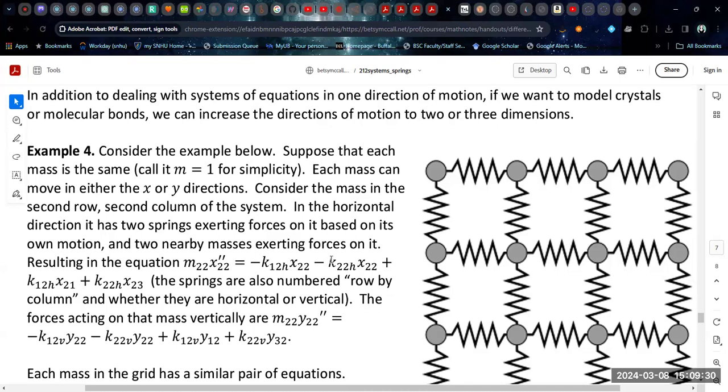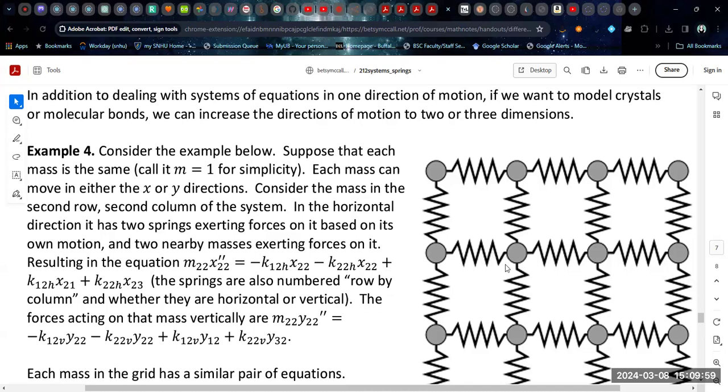So let's look at something like this position right here, M22. Our subscripts match our position in the lattice, and then we have X22 double prime. What we have just in the x direction, again, just think about it in this direction: as this one moves, that spring is going to have an effect.